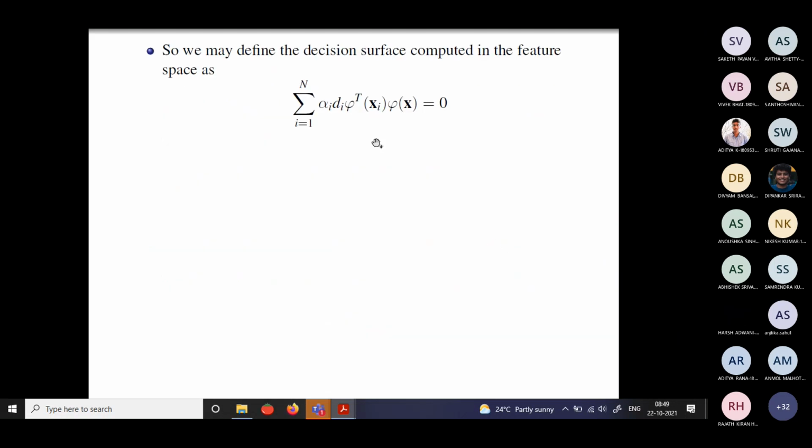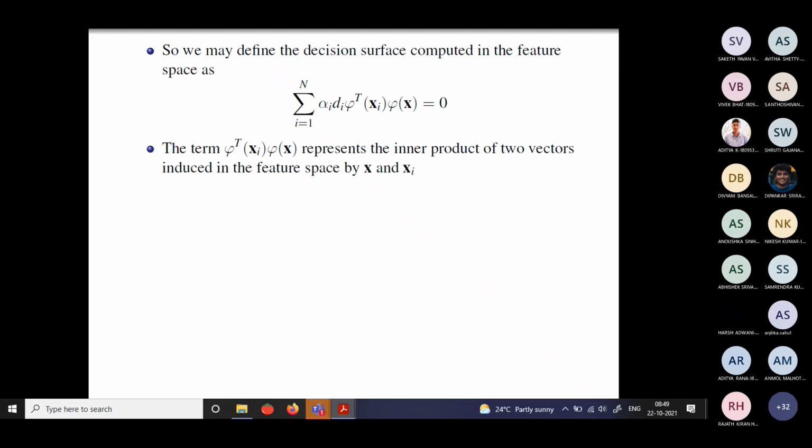From that logic, we can say phi transpose xi phi x equal to 0. Okay, so this is the equation of the decision surface. Now this term is very important here. So phi transpose xi and phi x basically represent the inner product of two vectors induced in the feature space by x and xi. Phi may be the same, but the inputs are different, so accordingly the maps will also be different.